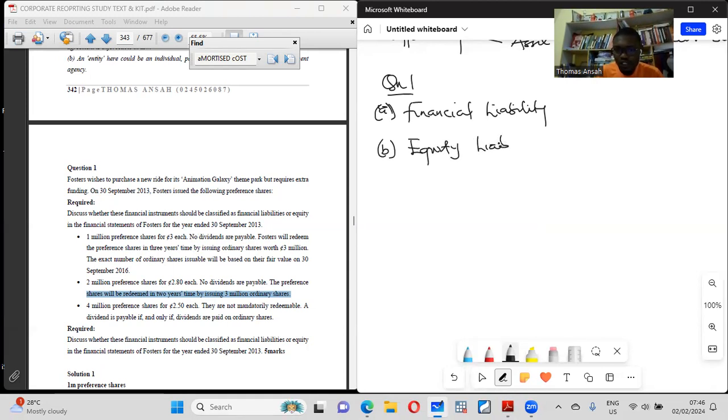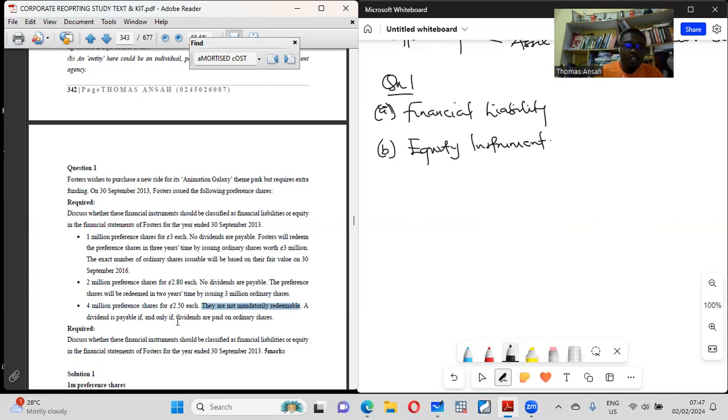And we have two choices. If it is not a financial liability, then it's clearly an equity instrument. So the word variable is brought to test. The third: 4 million preference shares for 2.5 each. They are not mandatorily redeemable. That means it is irredeemable, right?